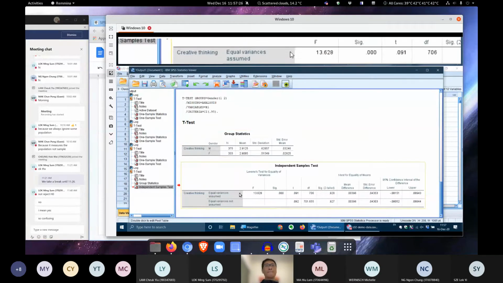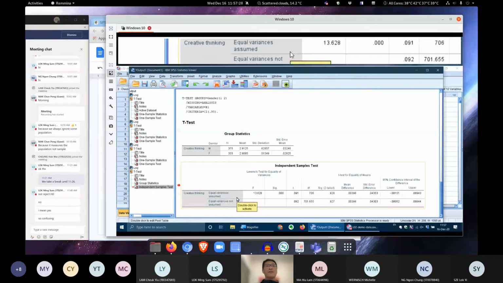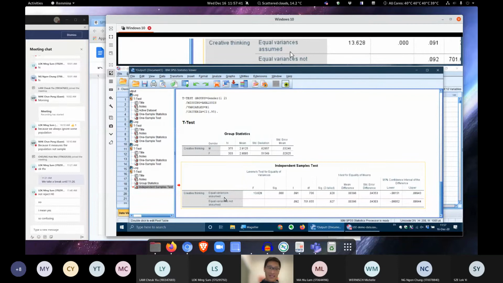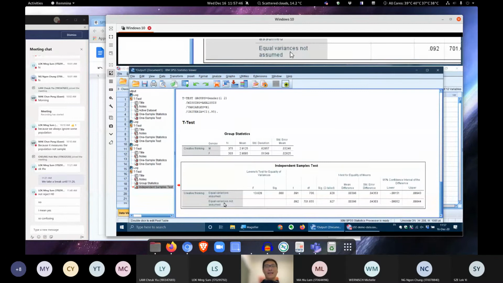The two rows here represent two cases. First case is equal variance assumed. It means that the two groups of students have the same population variance. Variance is the friend of standard deviation, the square of standard deviation. And the other case is that they have different population variance.